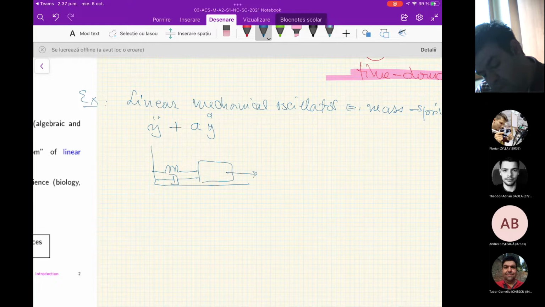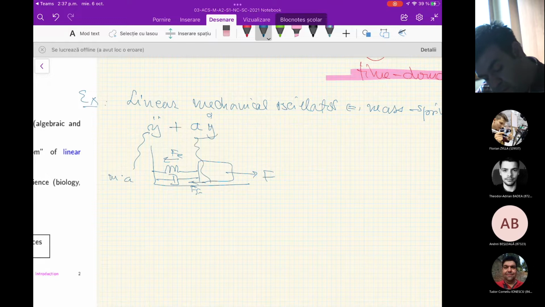This may be a driving force or not, and this may be the elastic force, and then you may have also the friction force. So essentially this is the motion part, mass times acceleration.